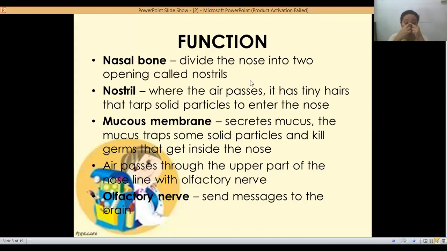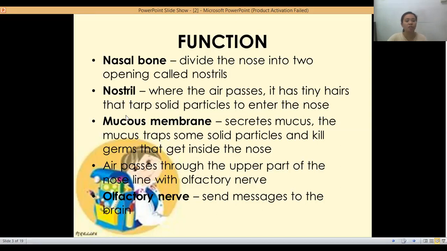Nostrils are where the air passes, and they have tiny hairs that trap solid particles from entering the nose. So the hairs trap the solid particles that try to enter our nose.